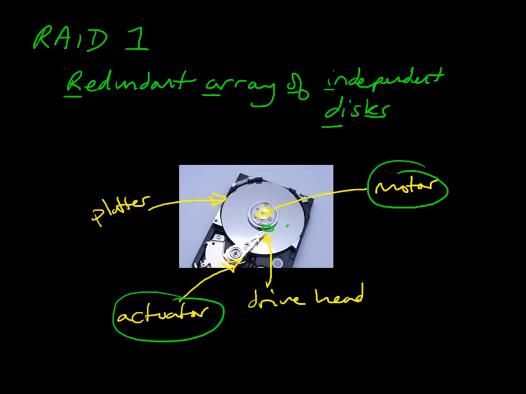So if we look at RAID 1, what is happening with RAID 1 is we have 2 hard disks, so disk 1 and disk 2, and this is the diagrammatic picture which we use for a hard disk. So disk 1 and disk 2.